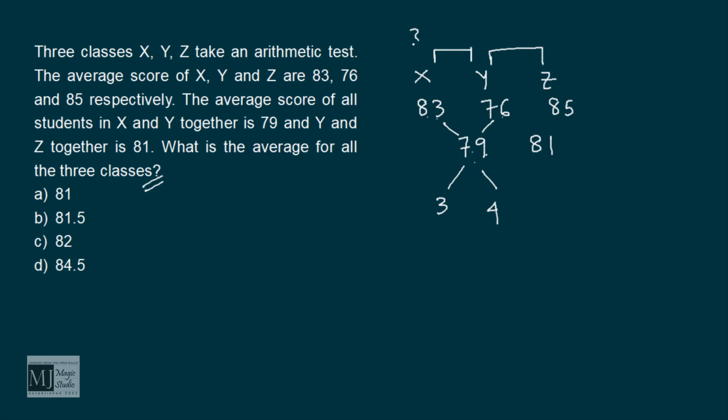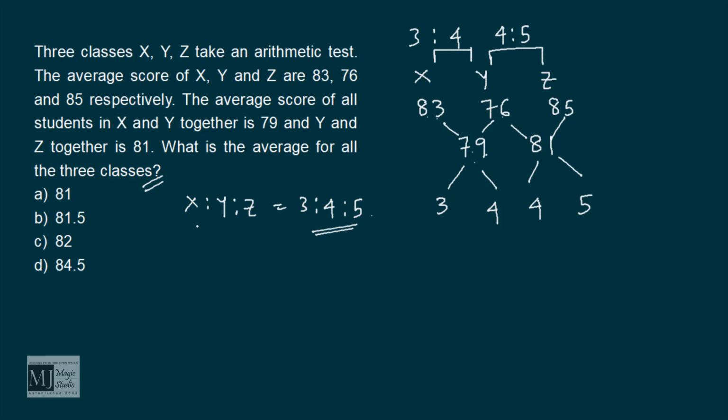So the ratio of X to Y should be 3 to 4. Again, with Y and Z, using my butterfly diagram, 85 minus 81 is 4. 81 minus 76 is 5. So Y to Z is 4 to 5. That means X to Y to Z is 3 to 4 to 5.